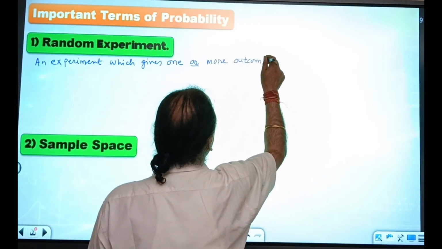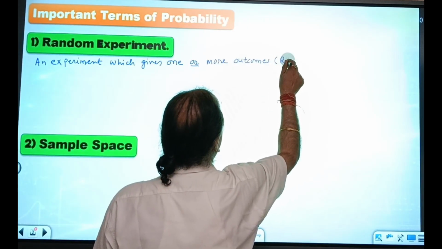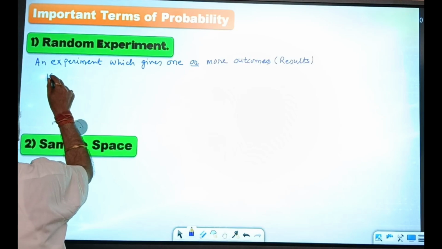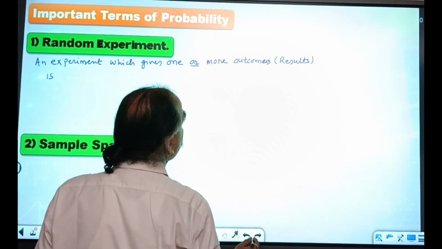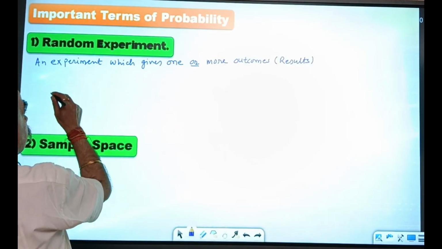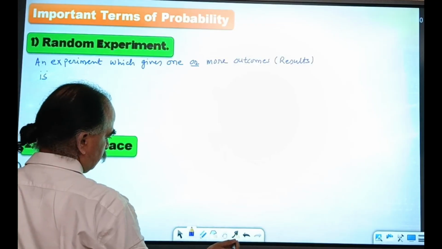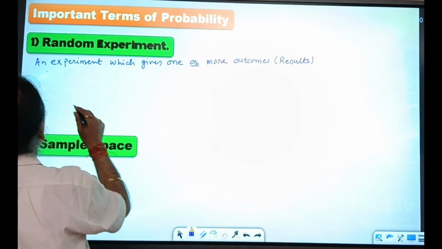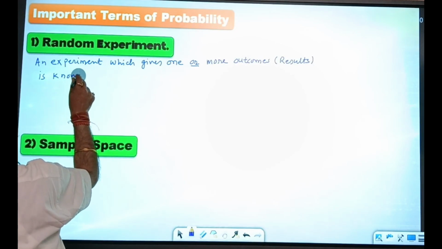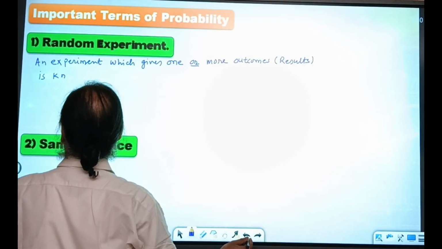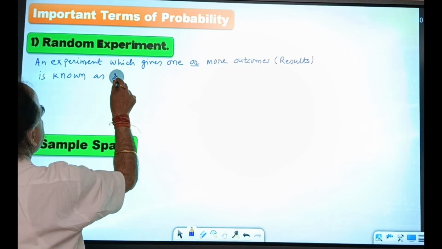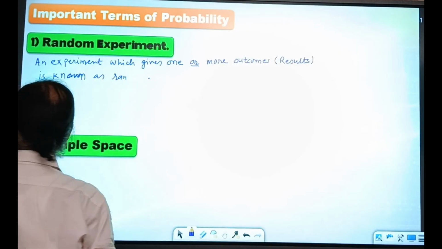Outcomes are known as results. This is known as a random experiment.